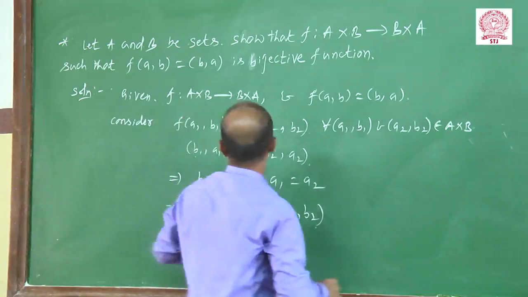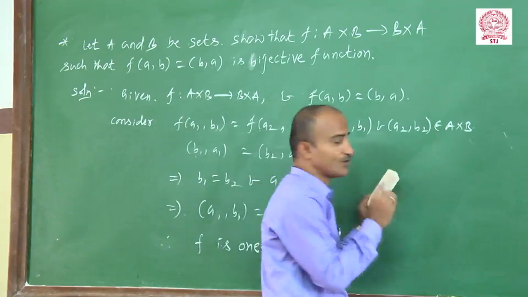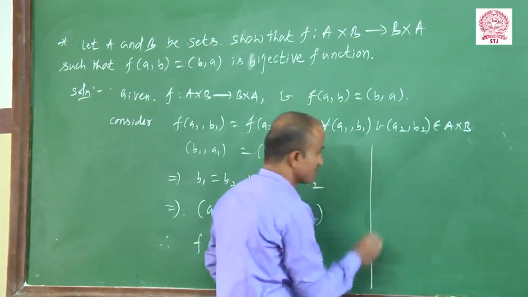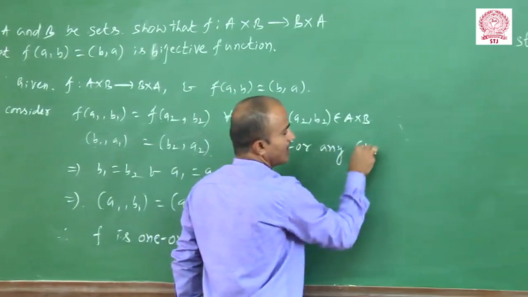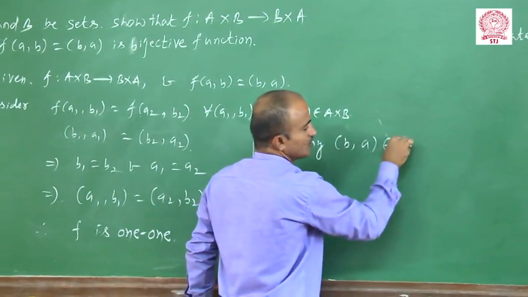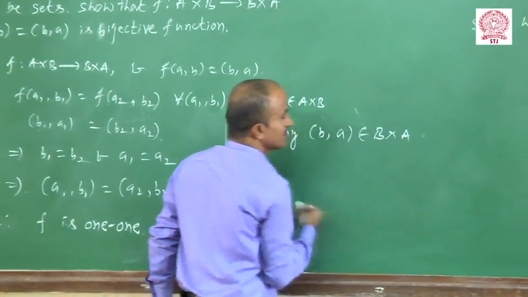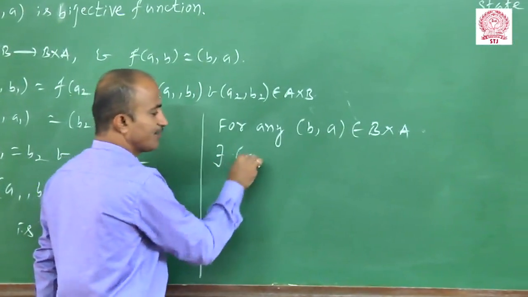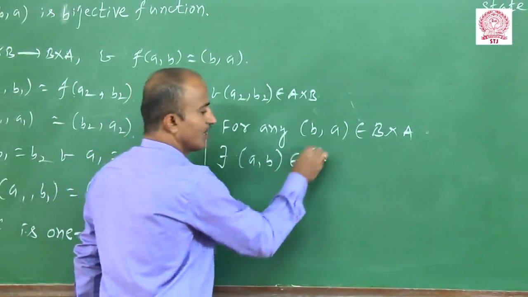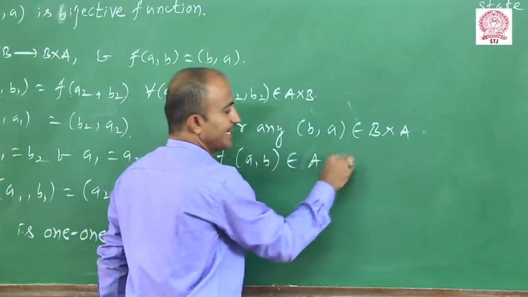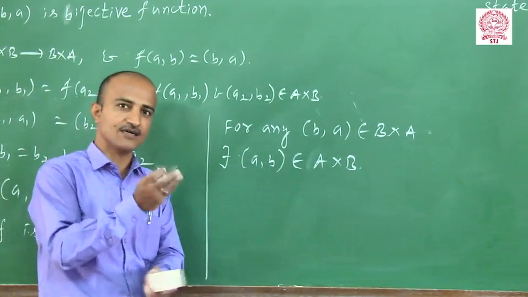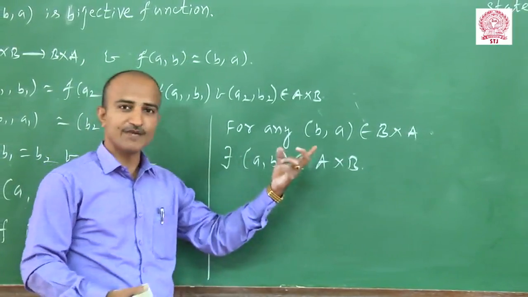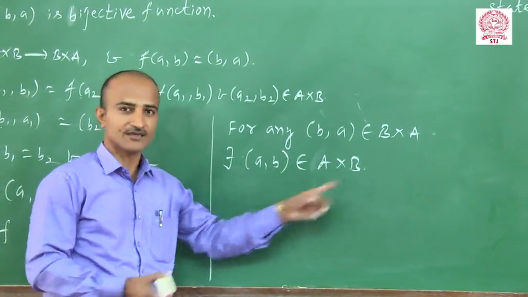Now for onto. For any ordered pair (B, A) belonging to B cross A, there exists an ordered pair (A, B) belonging to A cross B. You take any ordered pair from the codomain. We will find pre-images in the domain.